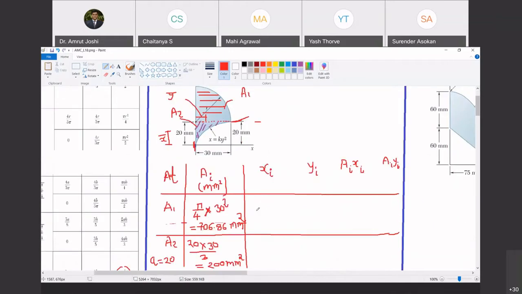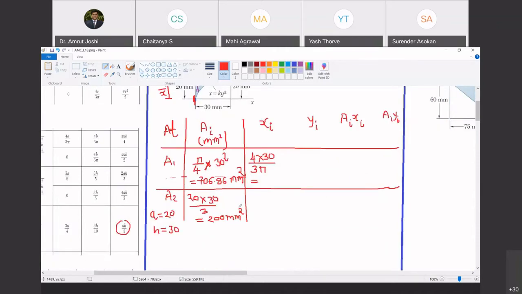So this is going to be at a distance of 4 into r, that is 30, 4r by 3 pi, so divided by 3 into pi. Tell me how much is this? 12.73. Great.